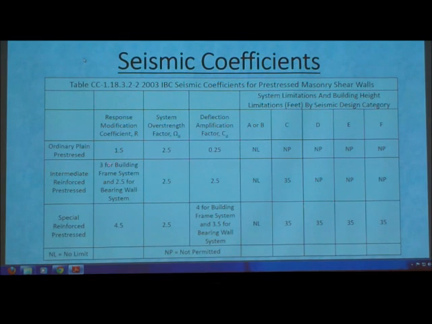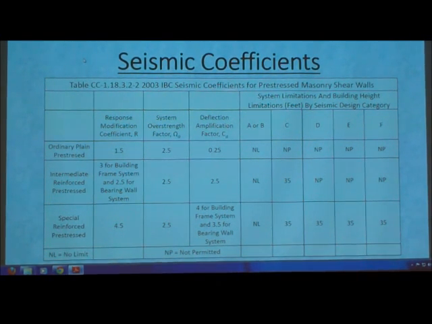Your response modification coefficient is 1.5, your system overstrength factor is 2.5, your deflection amplification factor is 0.25, and as far as seismic criteria A or B, you have no limit on your height restriction. But for C to F, it is not permitted in code. As Angela stated earlier, the maximum height is going to be allowed to be 35 feet.